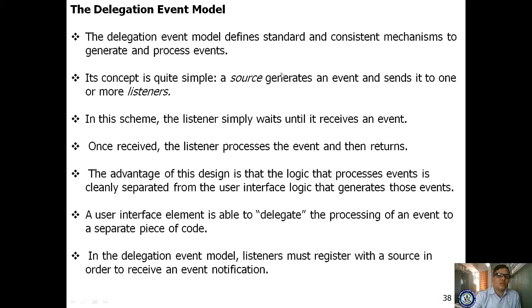When the user interaction has been generated, then according to that, the listeners are executed. If I click the button, the source button is waiting for the user interaction, and the appropriate action should be executed by the listeners. So the meaning of this statement is that the source is waiting to delegate, and a piece of code is executed by the listeners.